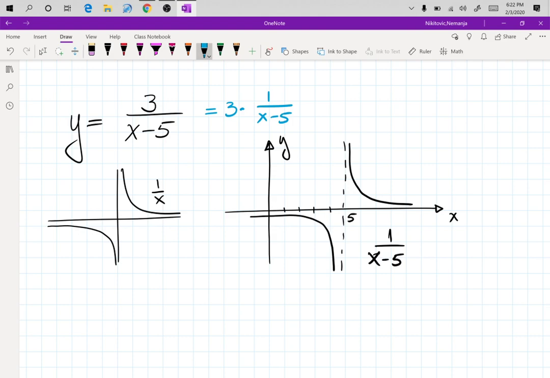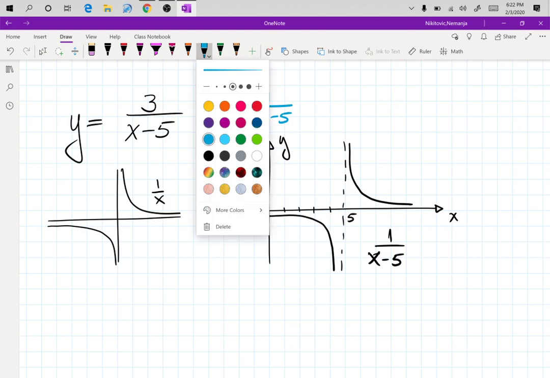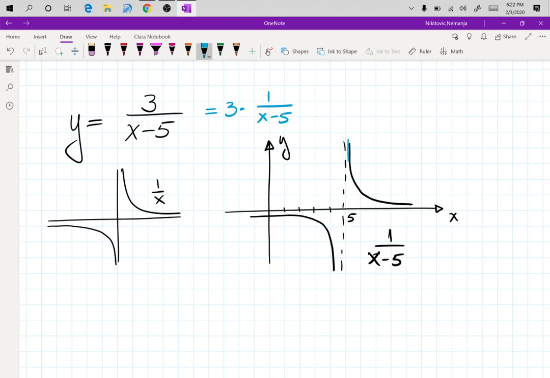You know what it's going to do? Times 3, it's going to just make this line like that and make this line like this, and that's going to be 3 over x minus 5.